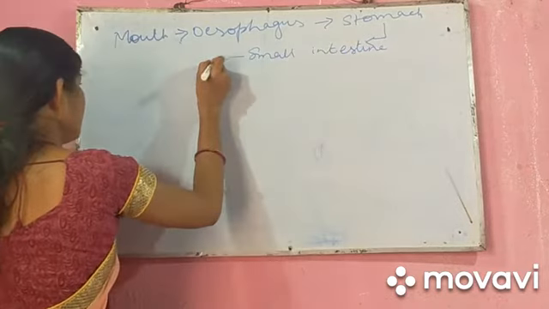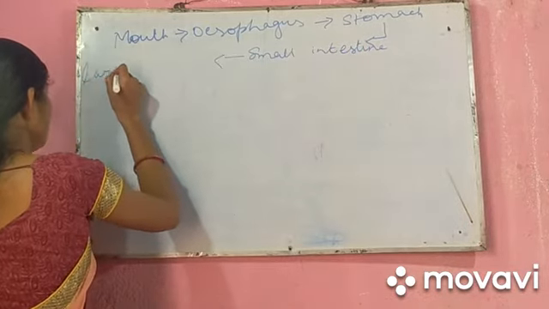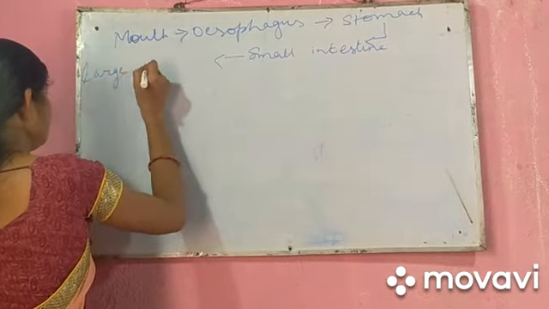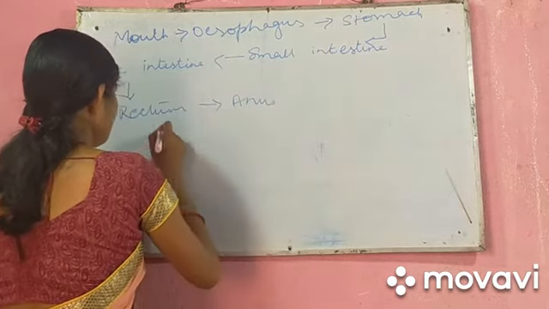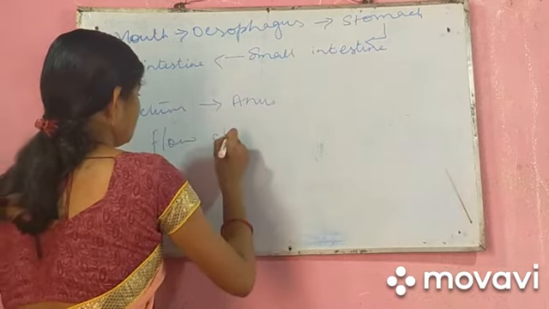Then after small intestine was large intestine. After large intestine was rectum. Then was anus. This is a flow chart of the digestive system. In this, two glands were involved: one was the liver, another was the pancreas.